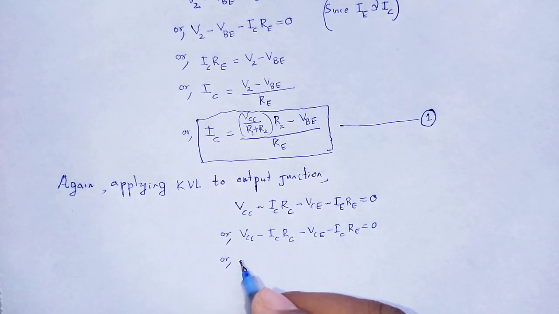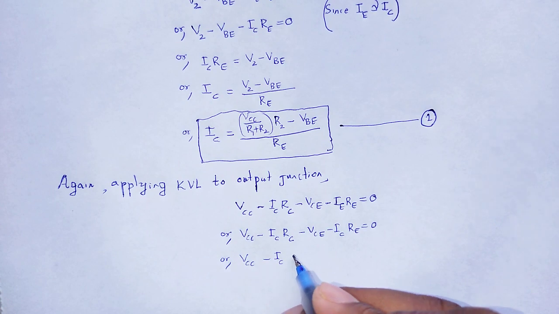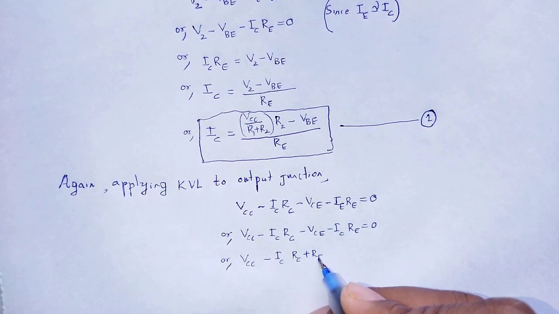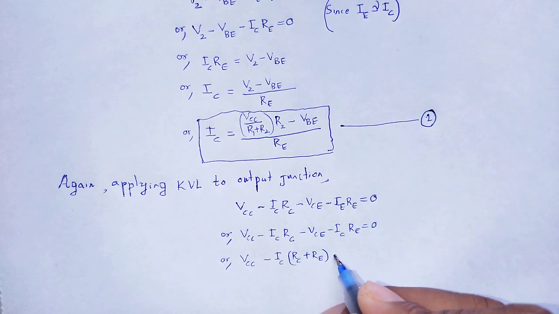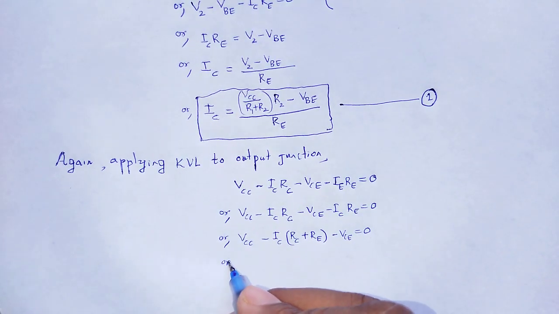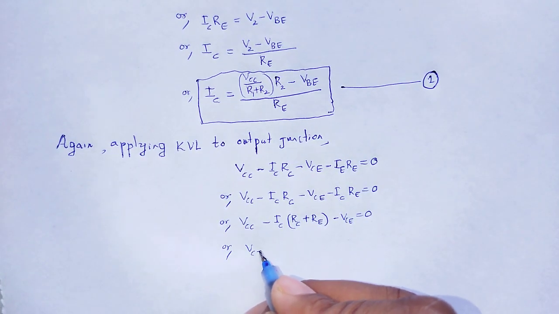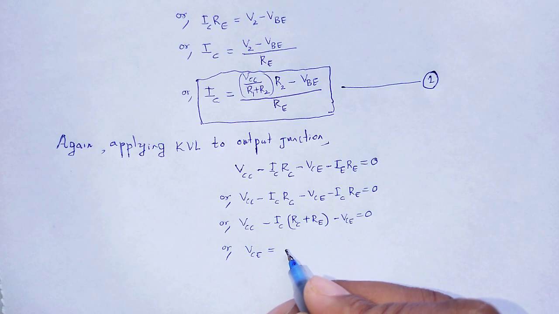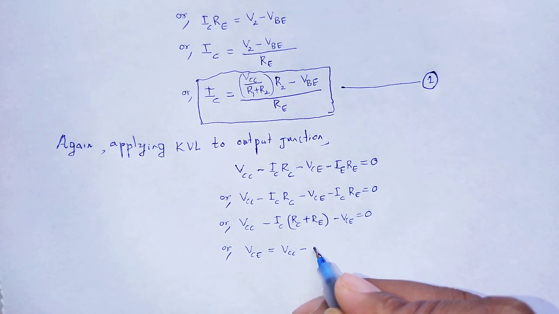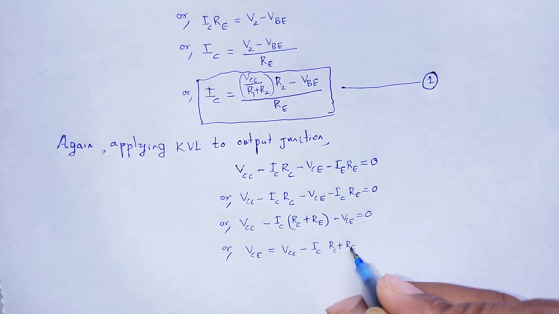Taking IC as common, VCC minus IC as common, that is RC plus RE, minus VCE is equal to 0, or VCE is equal to VCC minus IC whole into RC plus RE.